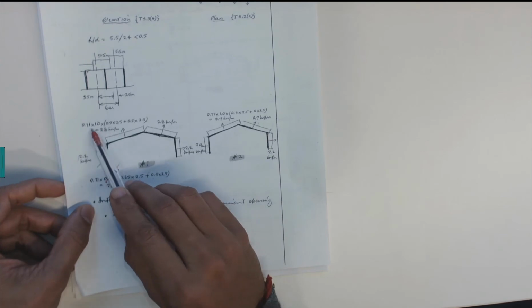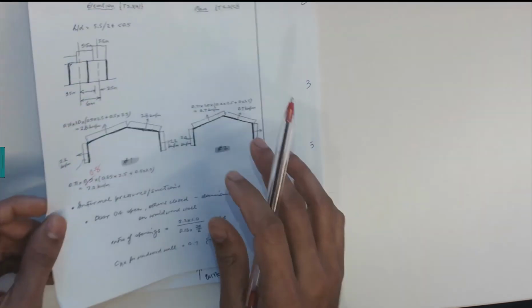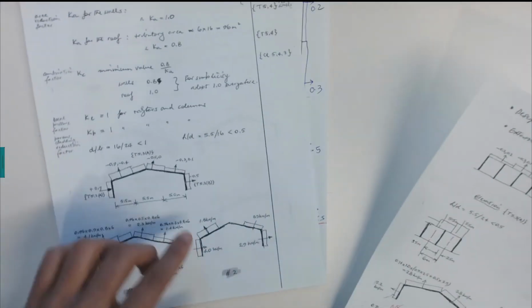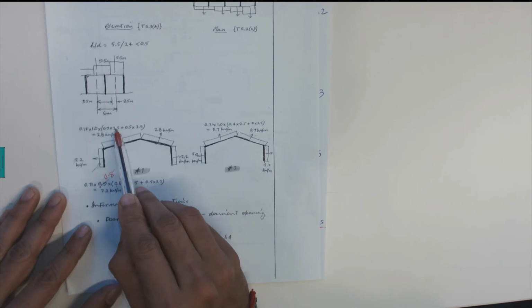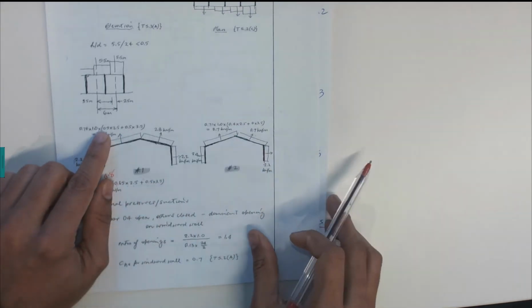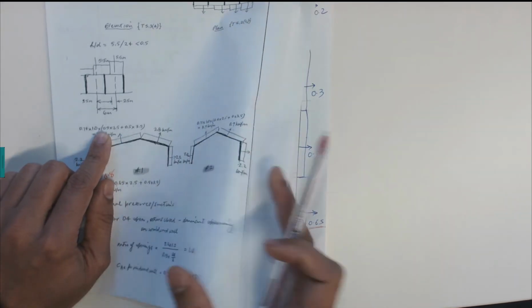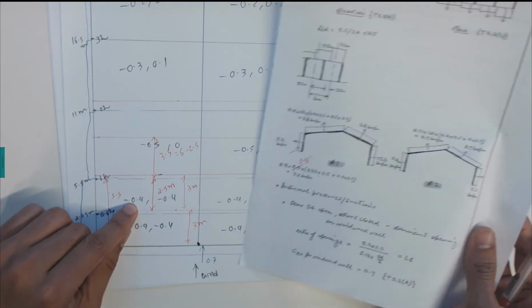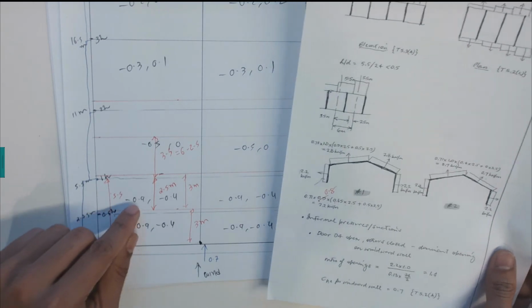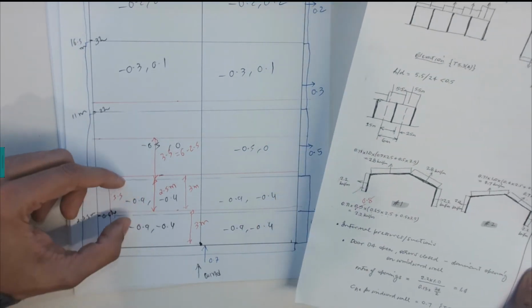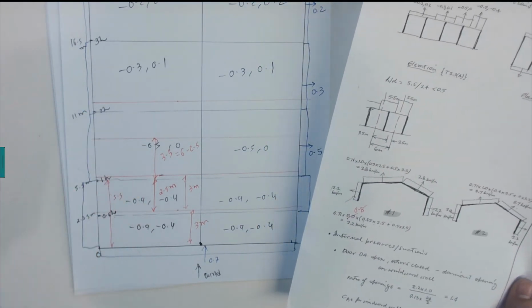For the roof, we have 0.71, and the Kc value is 1 for the roof, as you can see. Then we have 0.9 times 2.5 and 0.5 times 3.5, so 0.9 and 0.5, with 2.5 and 3.5 distances, that is for the roof.